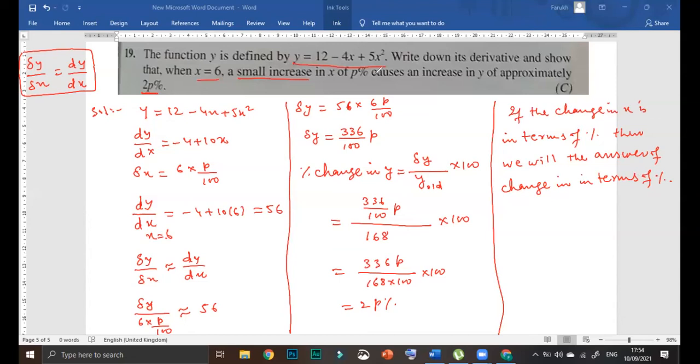And the formula for finding the percentage change is change over original into 100. Is there any question? No, sir. Okay.